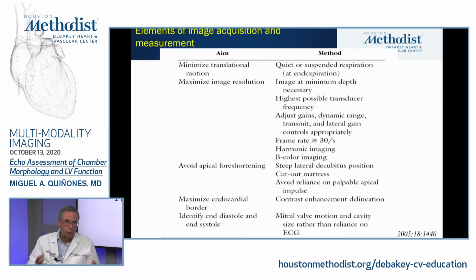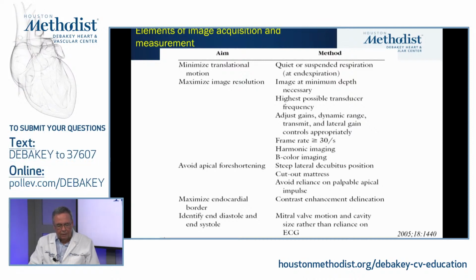Maximize your image resolution, which is just good technology. Avoid apical foreshortening, as we mentioned. Maximize endocardial border visualization, and today we use harmonics a lot to do that. As you will see later, contrast can be very helpful. Properly identify diastole and systole.